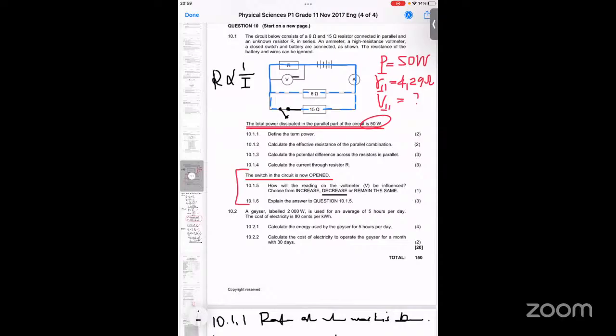I will explain why. Remember, V is equal to IR. So what I've just explained is that the moment you open that switch, you increase R, being the total resistance of that circuit.